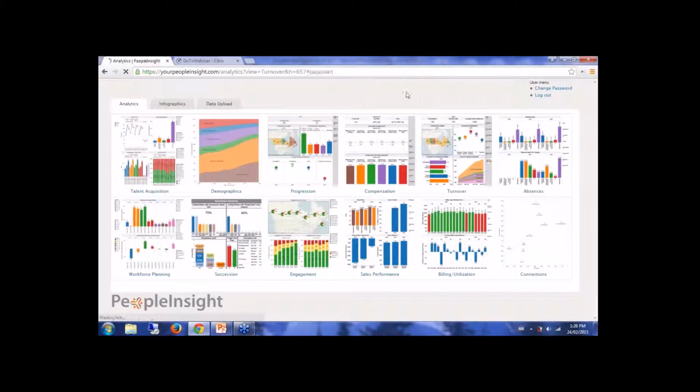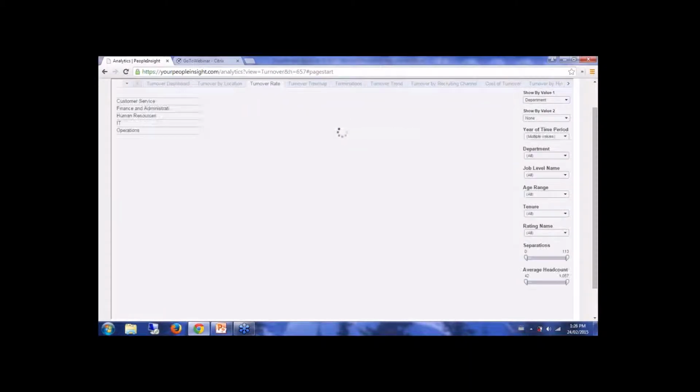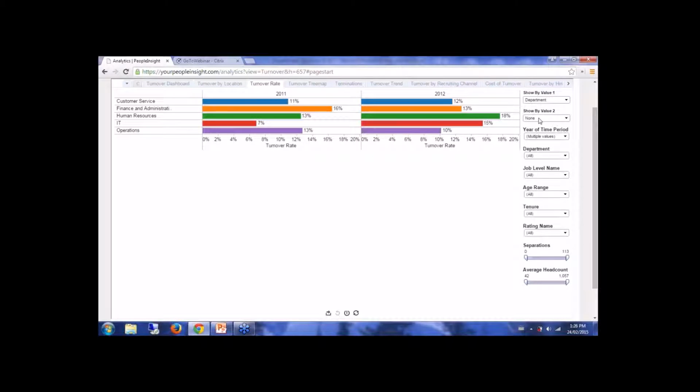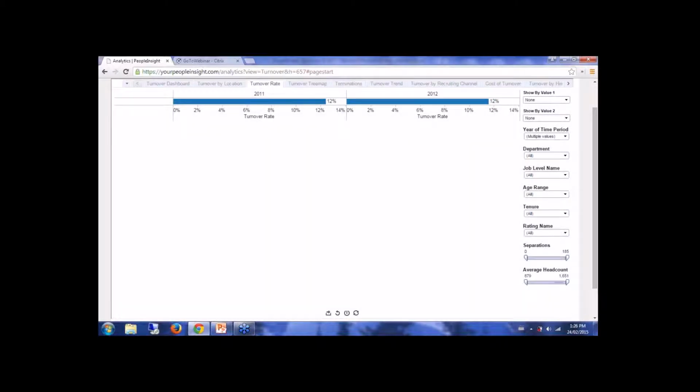Now, the last area I'm going to go into today in this demo is turnover. In this case, I'm going to drive specifically to turnover rate. And for those of you on the line who in the past or to date are manually doing turnover calculations or any rate type calculations, one of the big challenges is being able to determine that average active headcount.